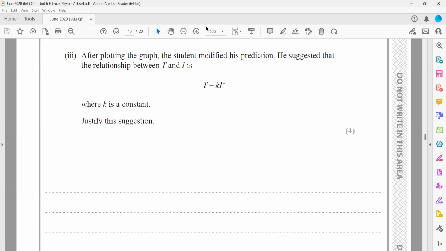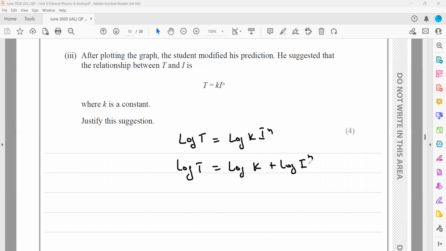So again, we'll plot a graph, and we will take log. If I take log of both sides, this will be log t equal to log k plus log of I to the power n. Whenever two quantities are multiplied inside a log, we write them as addition. And whenever a power is there, it will be turned into a coefficient.